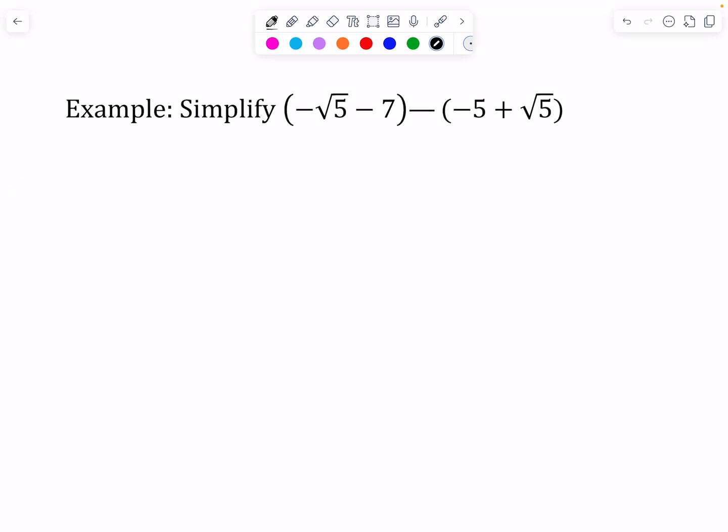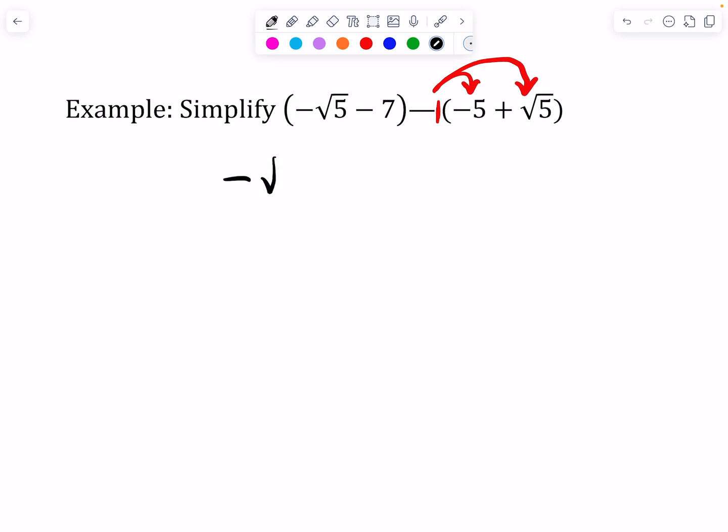Okay, this next question, we have one parenthesis with 2 terms, and we are subtracting another parenthesis with 2 terms. So this is really a subtraction problem. We're going to take this negative here and we're going to draw it as our imaginary -1, so then we can distribute that negative sign.